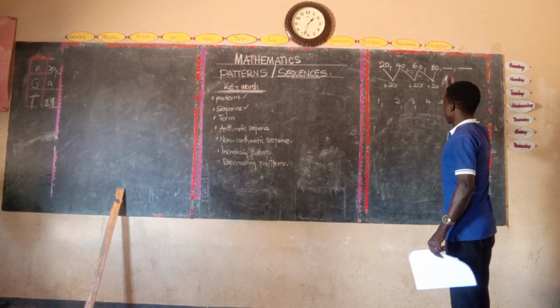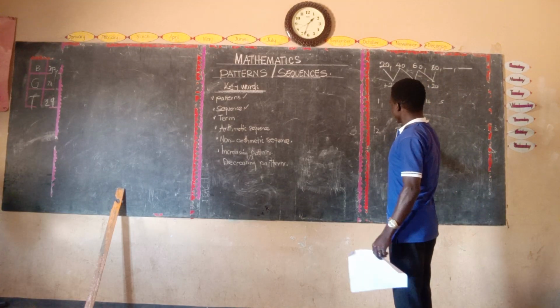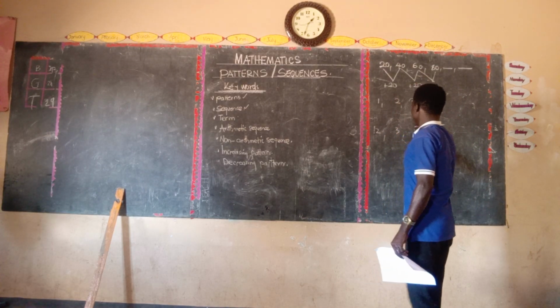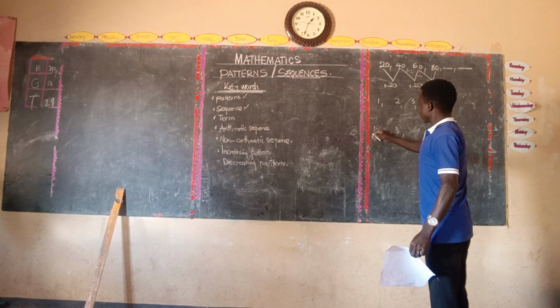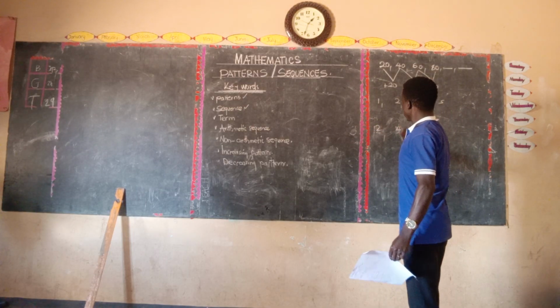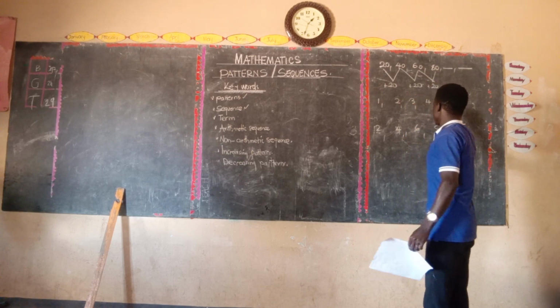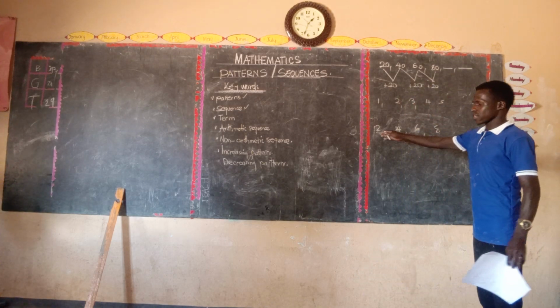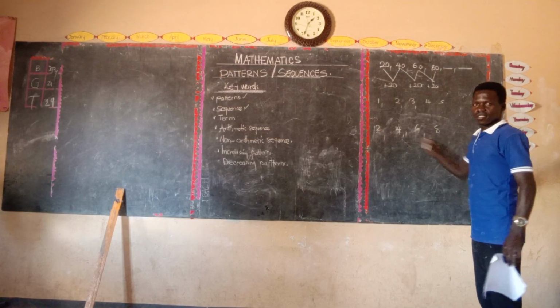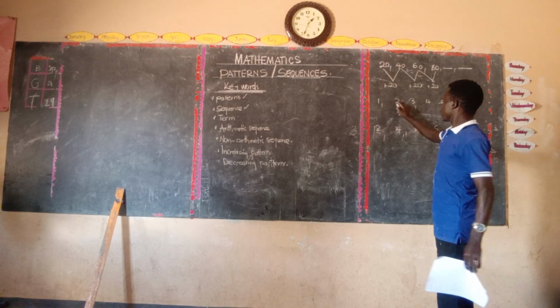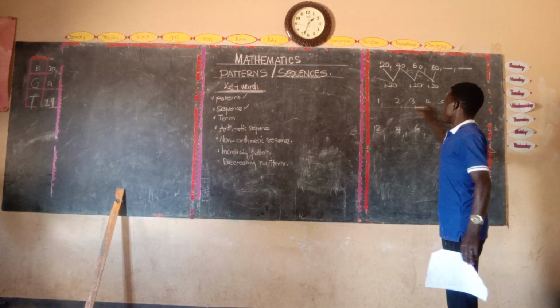Somebody can count as 2, 4, 6, 8. These are sets of numbers, and they are in series. So when you see this set of numbers, these are series of numbers.